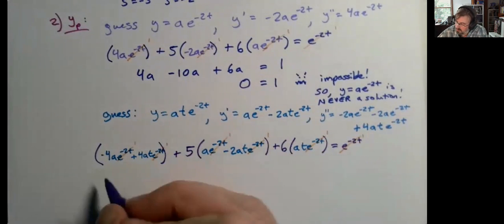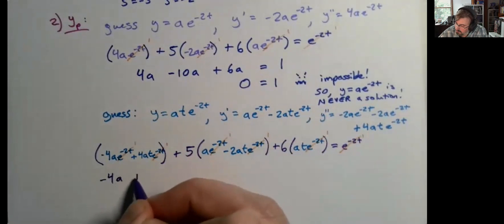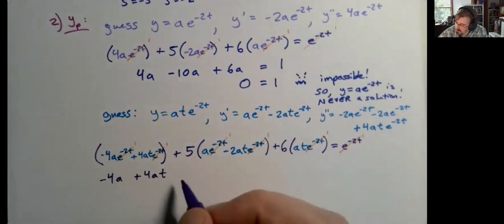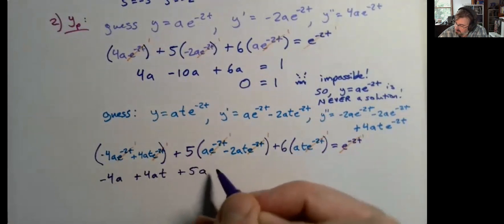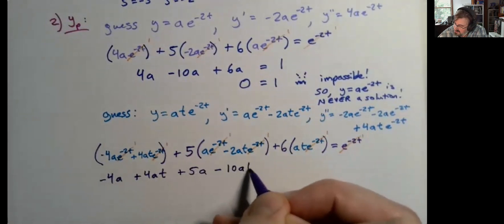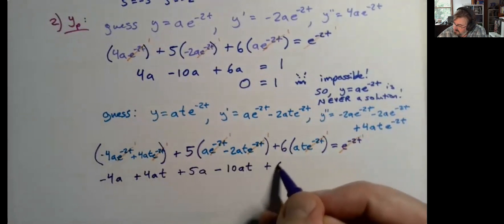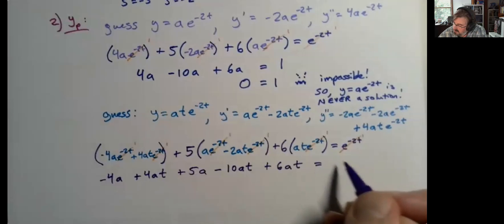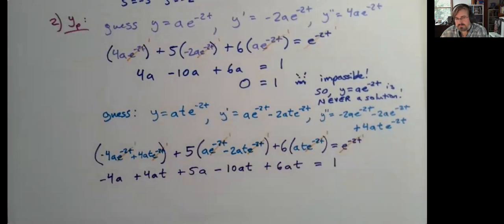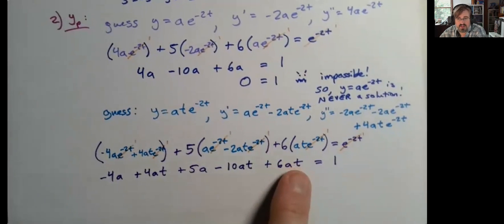And you're left with minus 4a plus 4at plus 5a minus 10at plus 6at equals 1. So by adding that additional factor of t, all that we've really done is kind of kicked that cancellation situation down the road to the terms with the a times t.